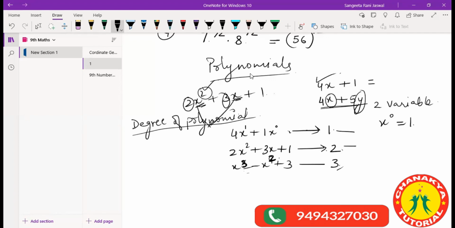So we call these types of expressions: any expression which has highest degree 1 is called a linear polynomial. And the polynomial with highest degree 2 is called a quadratic polynomial.